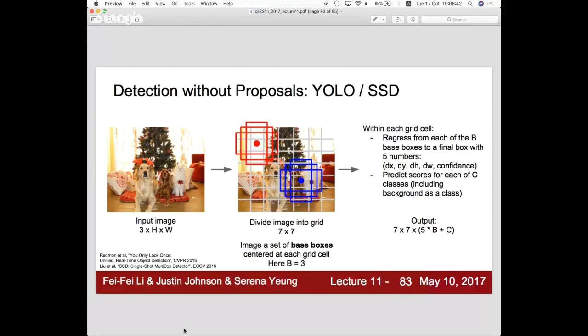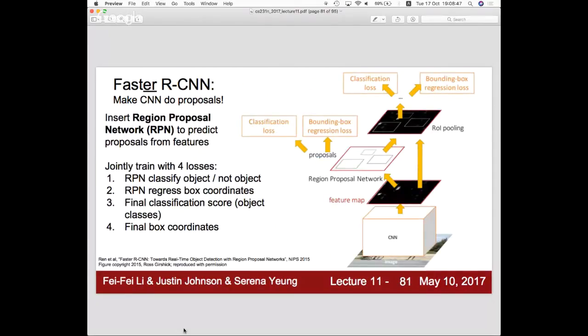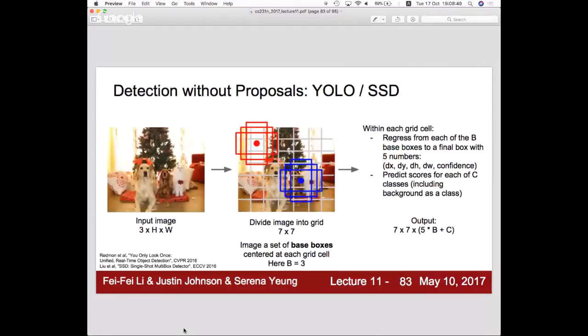So the main idea is that we club these two together, so we change our network into one big regression network. Given an input image, the output is just a 3D tensor. I will explain it later. The method is: first we divide the image into a grid, 7 by 7 for example.